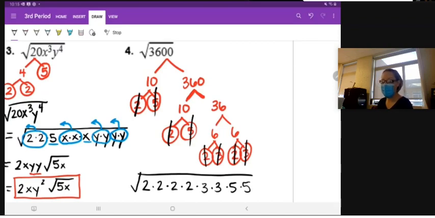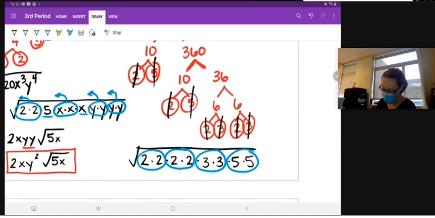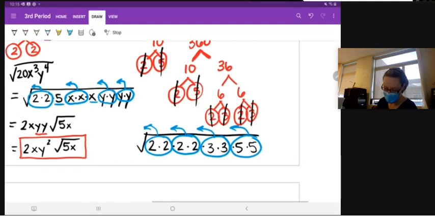Okay. Any pairs can be circled. So I see a pair of 2's, another pair of 2's, a pair of 3's, and a pair of 5's. Everything paired up. So what happens here is we're going to move a 2, a 3 and a 5 out front. 2 times 2 times 3 times 5.